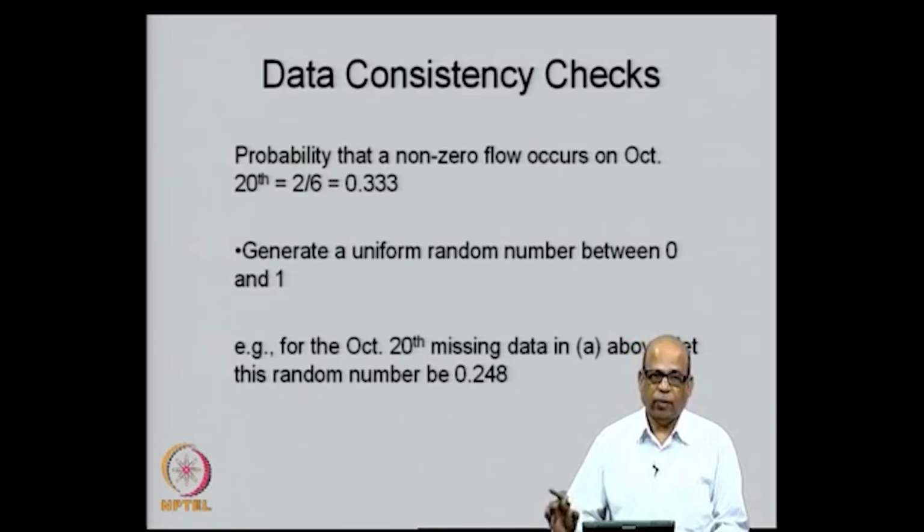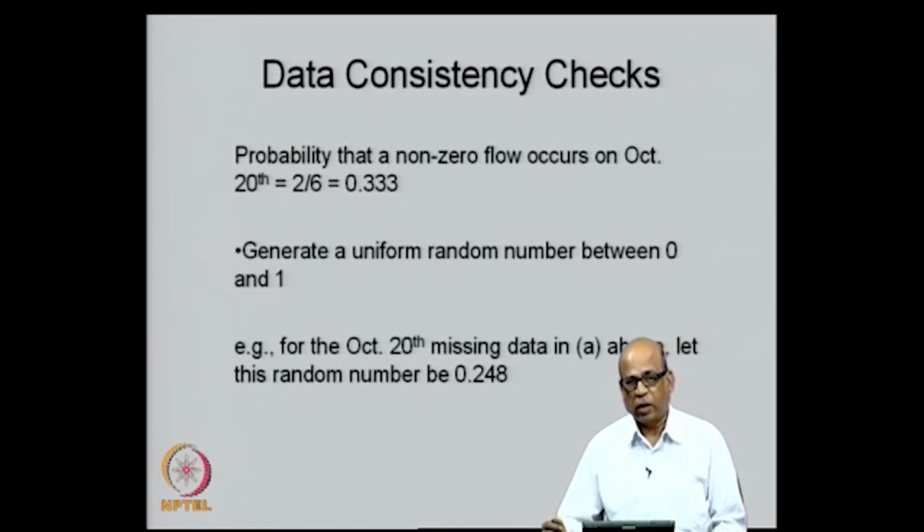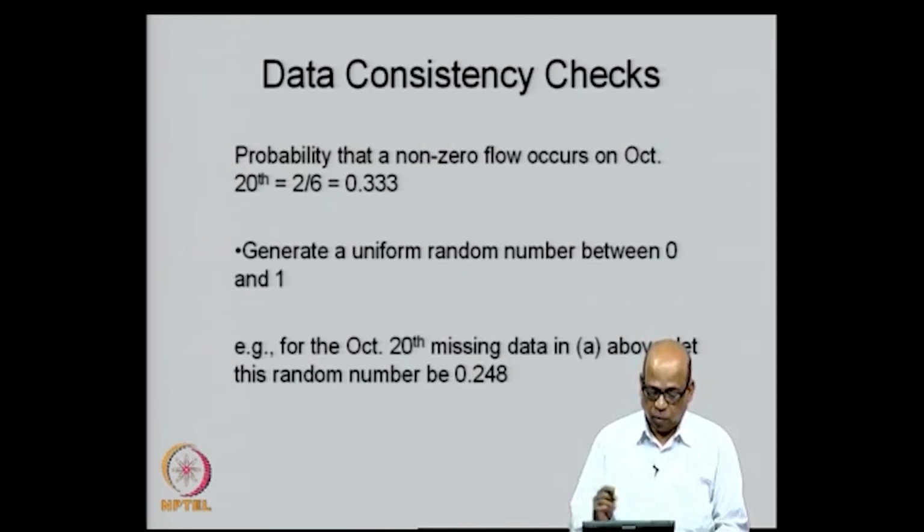Now, we generate a random number, simply take a uniform random number from your calculator or otherwise, a uniformly distributed random number. If this random number is smaller than this probability, you say that it is a non-zero flow, or if it is more than this, then you say it is a zero flow.